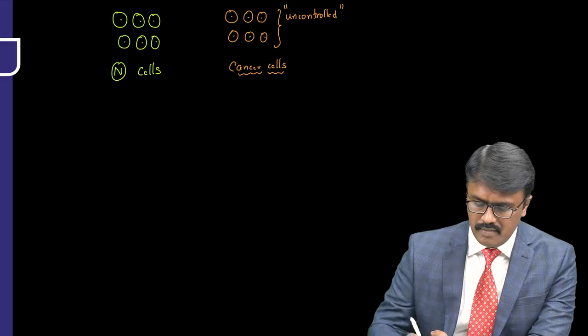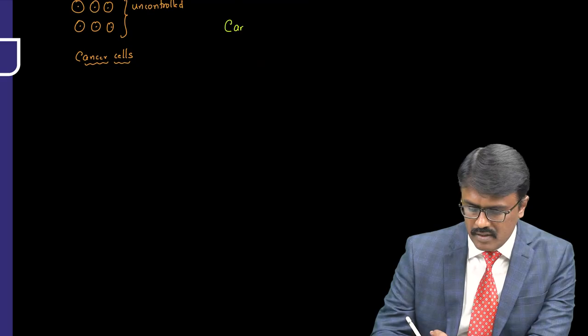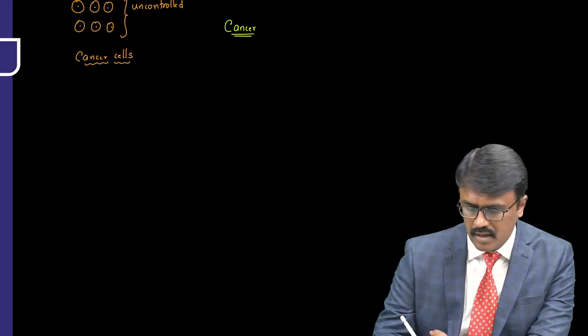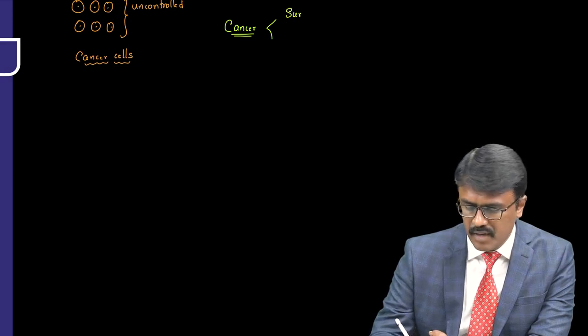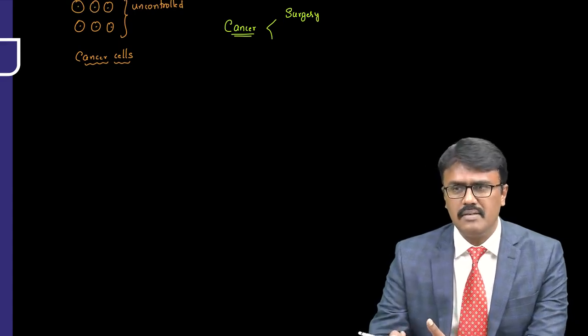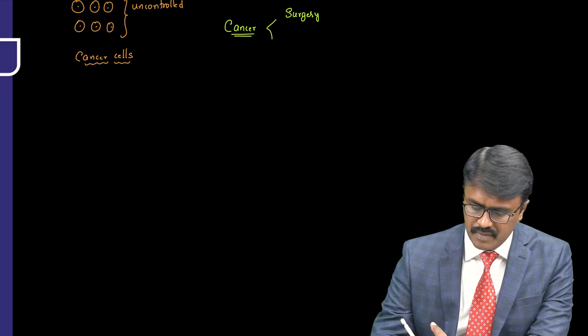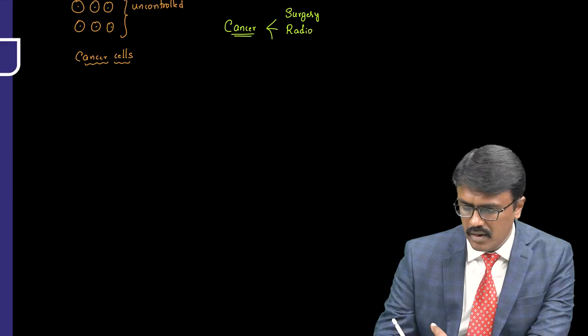For any cancer, there are three modalities of treatment. You can remove the cancer by surgery. For example, in breast cancer, do the surgery and remove it. Or we can give radiation, and that is called radiotherapy.